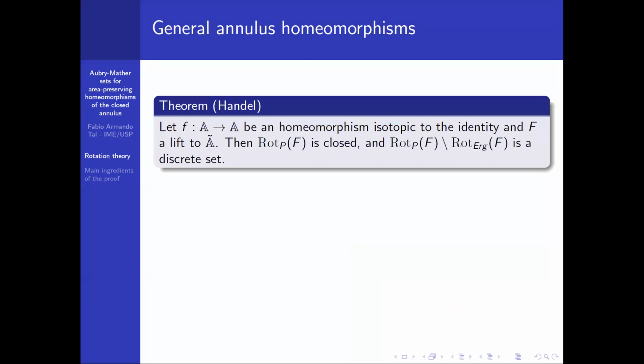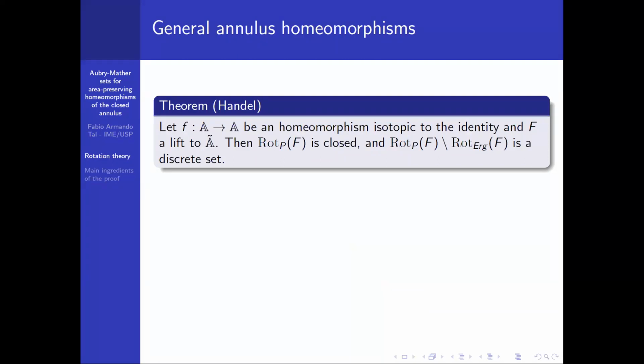Then, if you look at the difference between the punctual rotation set and the ergodic rotation set, which contains the punctual rotation set, it's a discrete set. You cannot have an accumulation point of points which are in both of them. It can accumulate in something, but not in the set itself.